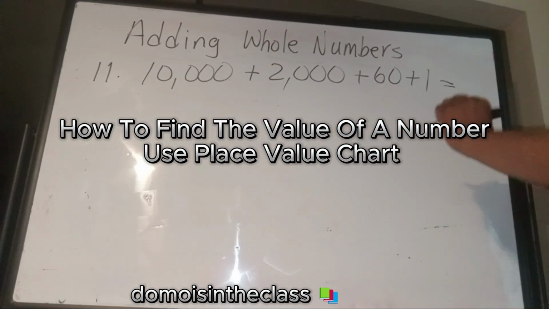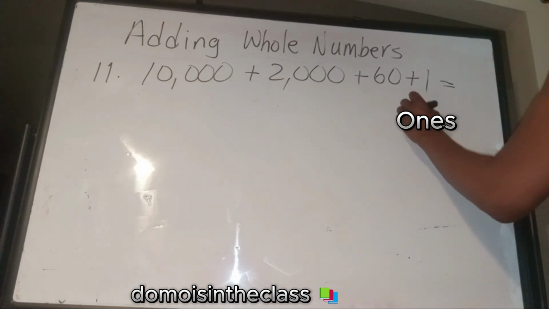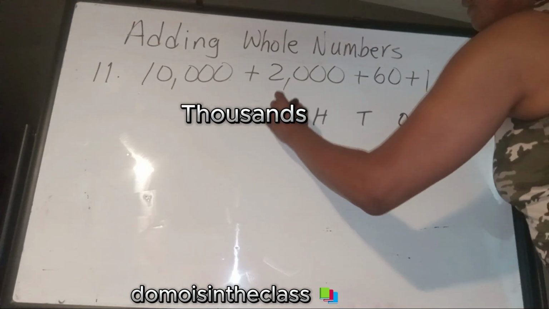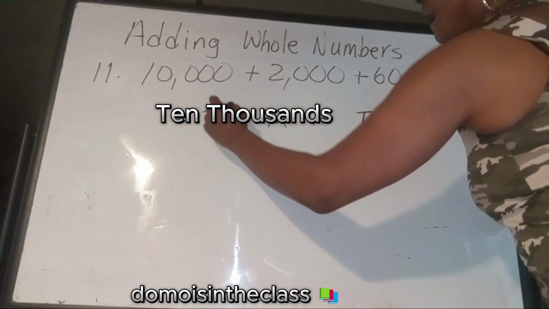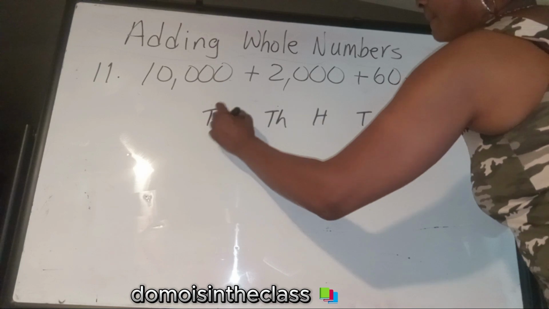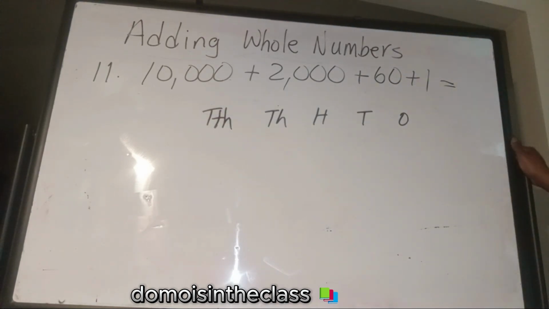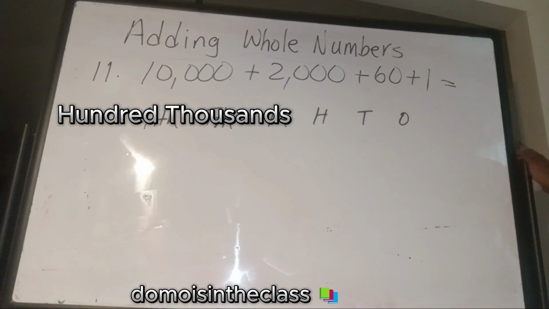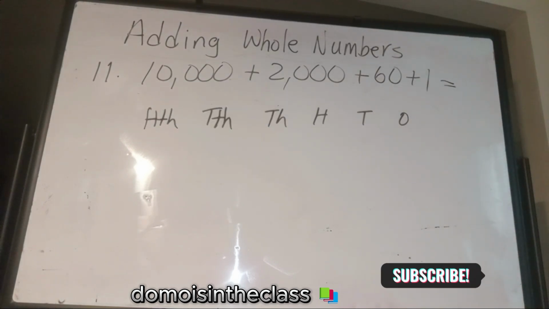So I start from the right, which is 1s, 10s, 100s, 1000s, and 10,000s, right? Well, actually 100,000s too, but I like to have them up there. So that just makes it so much easier for you to fill in these answers.